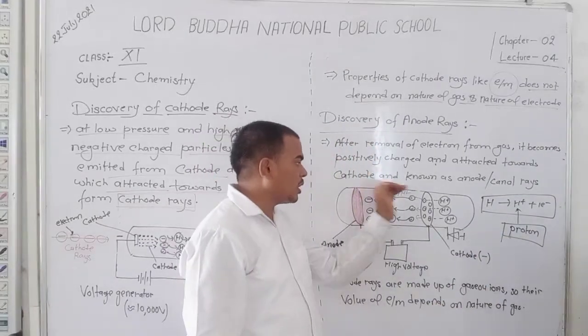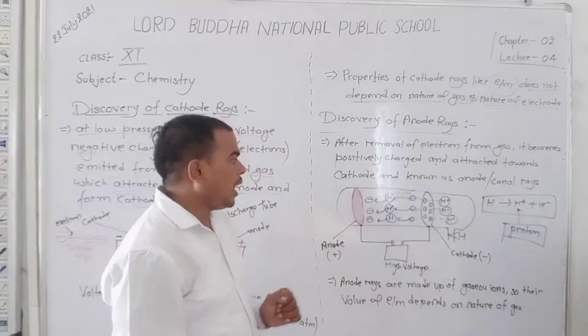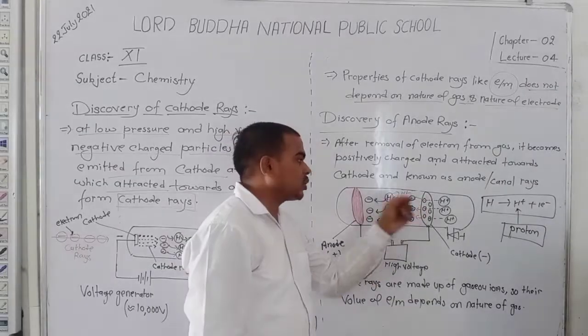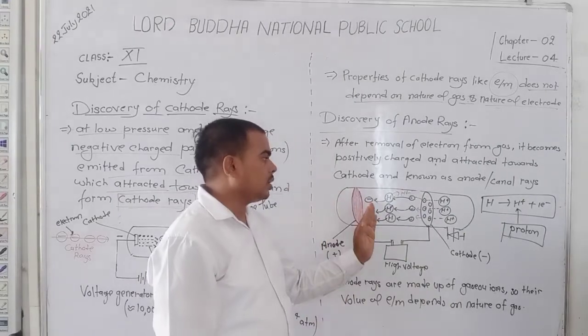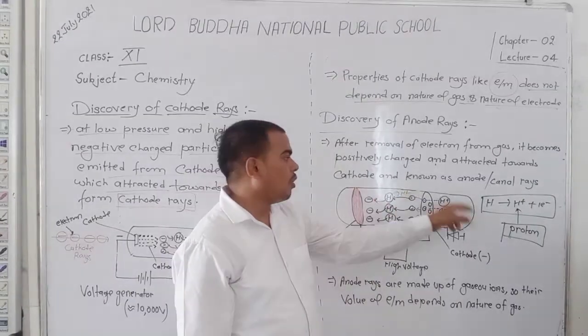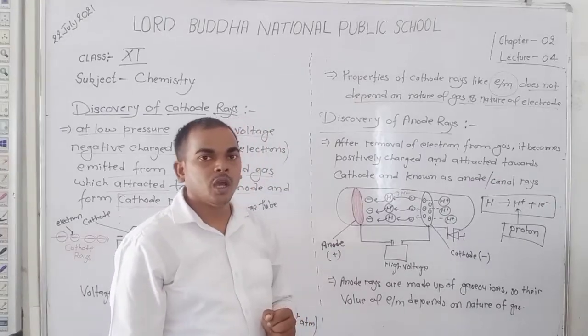So it moves toward the cathode, passes through the holes of the cathode, goes to the back side of the cathode and hits the wall of the discharge tube.